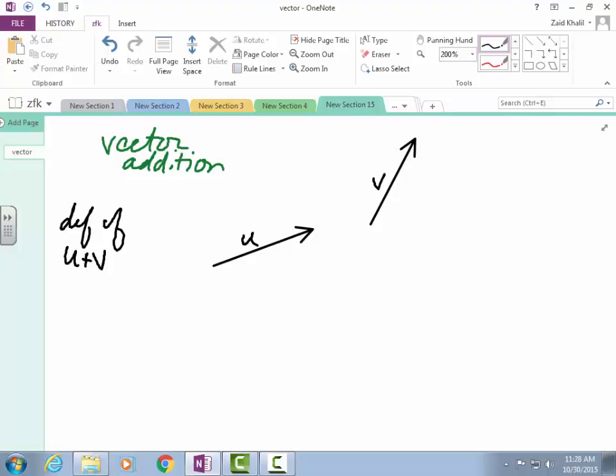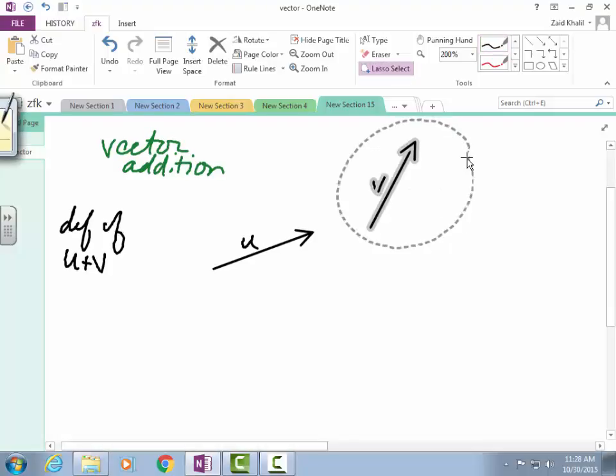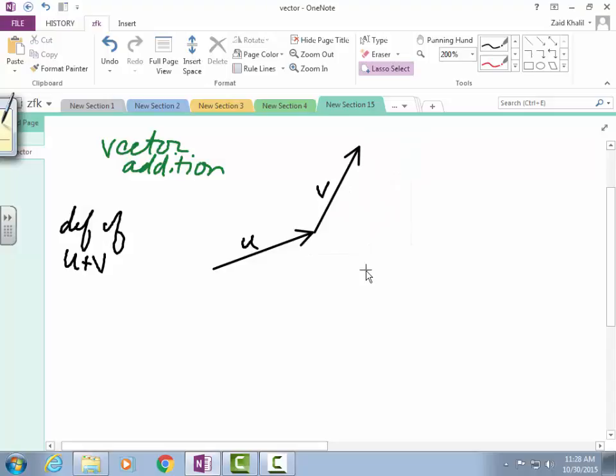So translation is perfectly permissible. So I take v and I translate it over. So I take the tail of v and add it to the head of u.